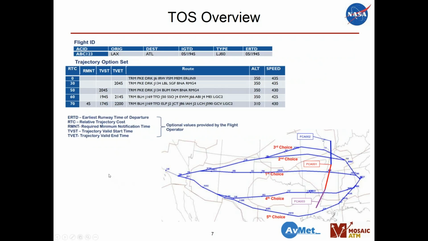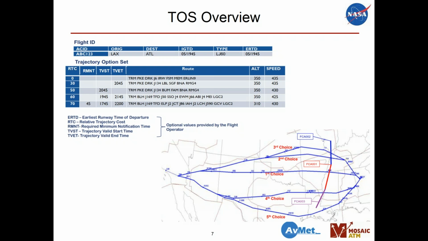Here's an example of what a depiction of a TOS might look like. This is a TOS that has some of the additional data elements that may be unique to the CTOP implementation, but is the most established of the TOS implementations, if you will.